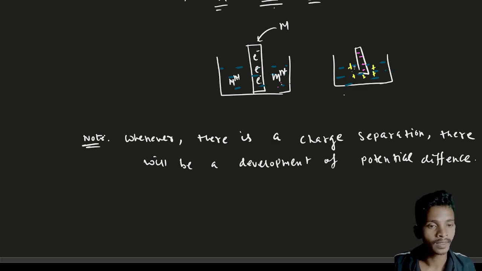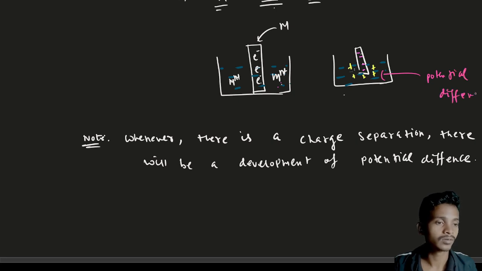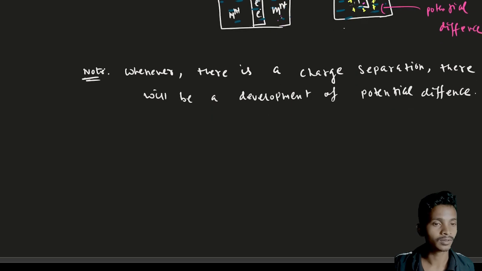Here the charge separation has developed because of the negative charge and the positive charge. If charge separation has developed, then a potential difference will be generated here.